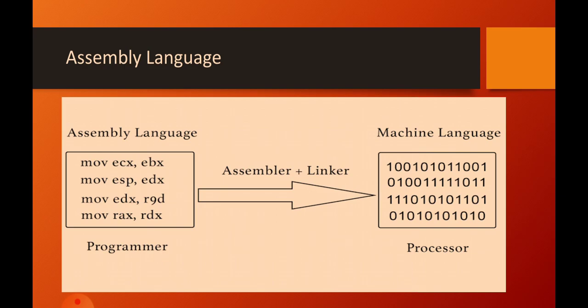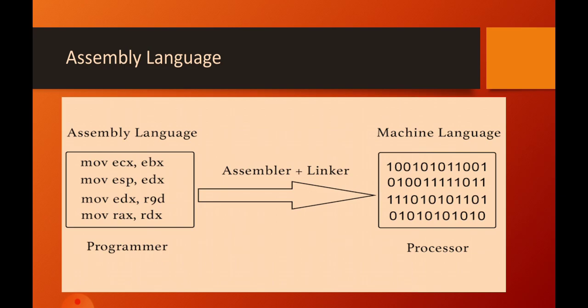We need an assembler to convert assembly language into machine language. You can see in my diagram, I have converted my assembly language code into machine language code with the help of an assembler. An assembler was developed to convert assembly language programs into machine language.